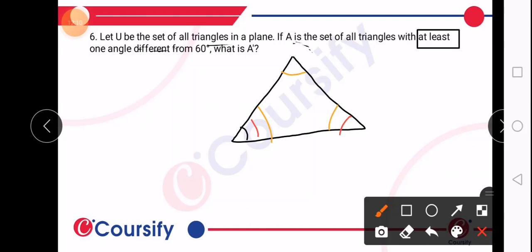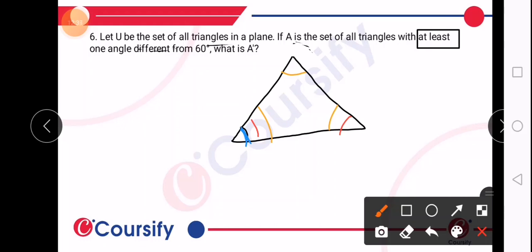At the max we can have only three angles not being 60 degrees, which means all of them are different angles. I'll mark it with different colors. The first one is blue. The angle which is marked in blue indicates that one angle should be different from 60 degrees, which means the rest two angles can be 60, but this angle cannot be 60.